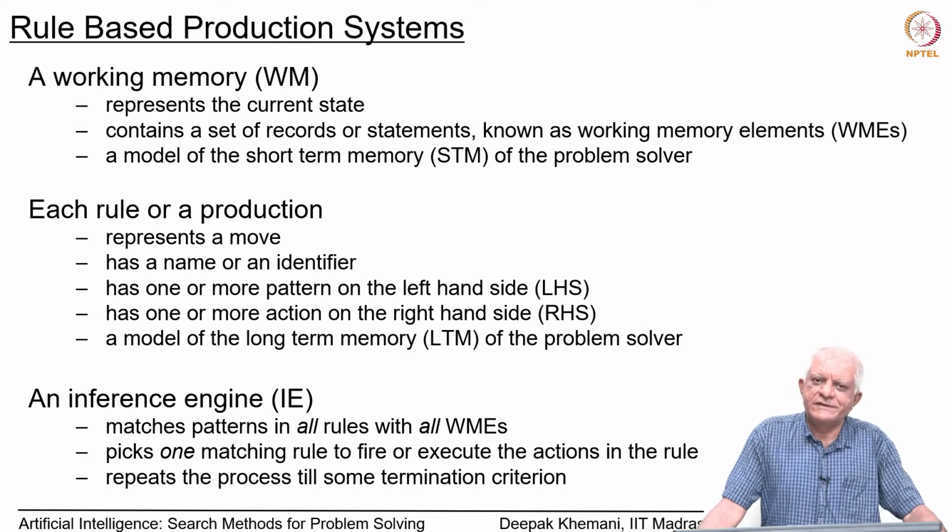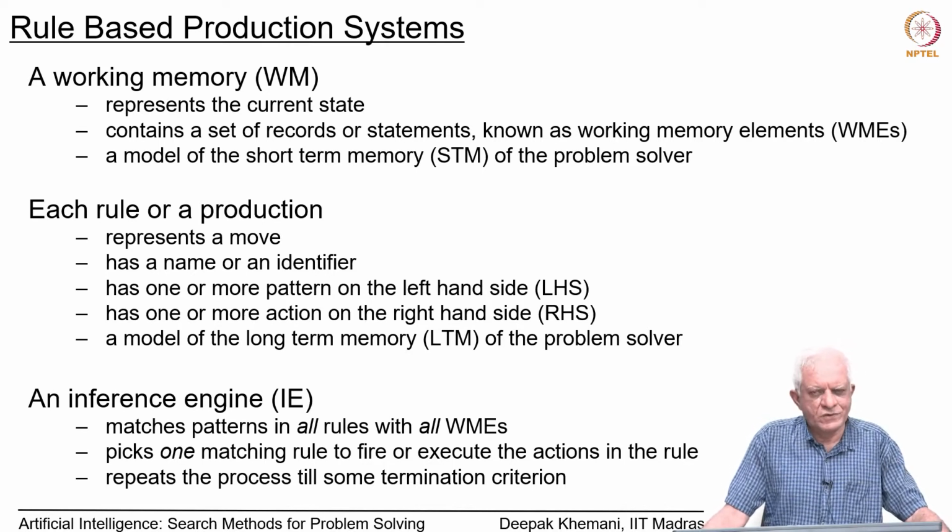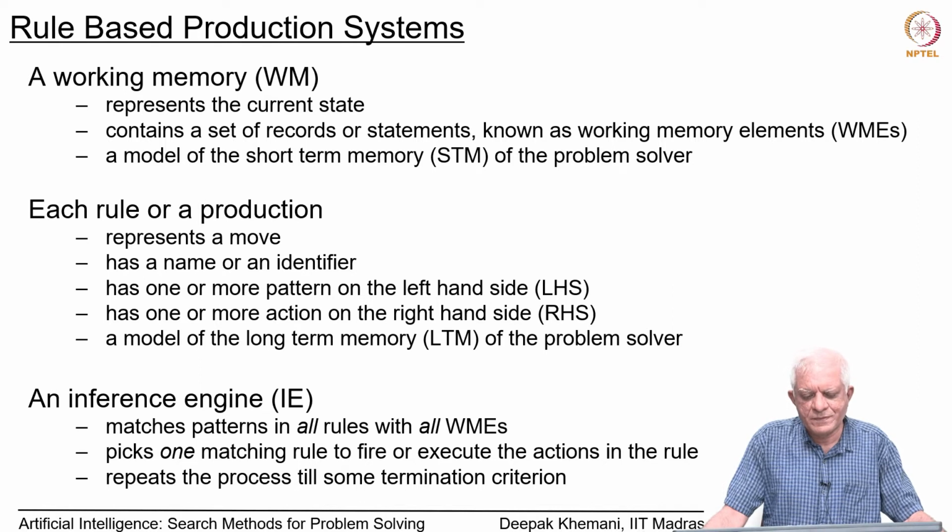So, welcome back. We have just started looking at rule based expert systems, or rule based production systems, whatever you want to call them, and we have seen that such a system is made up of three components. One is the working memory, which contains the data related to the particular problem that is being solved.